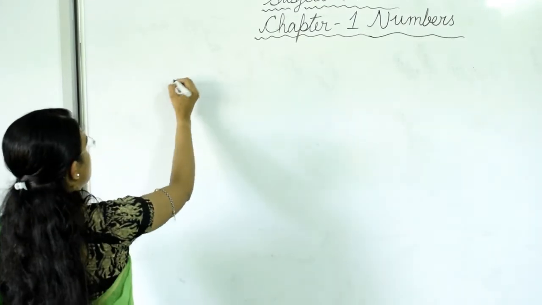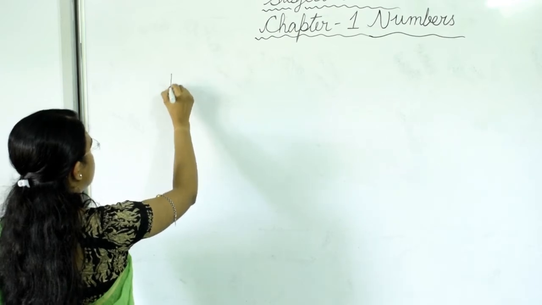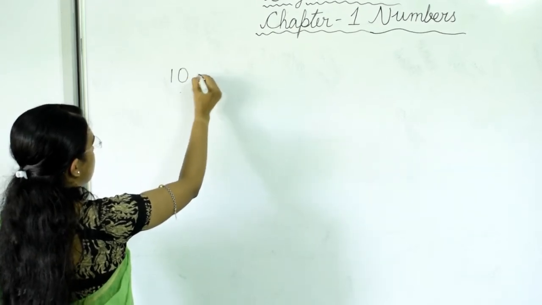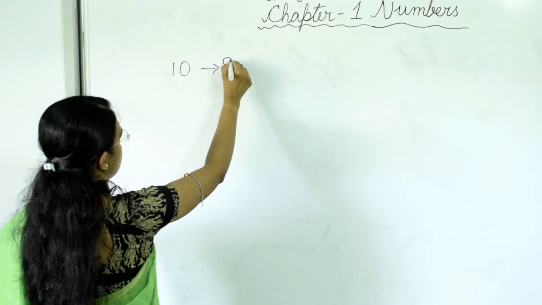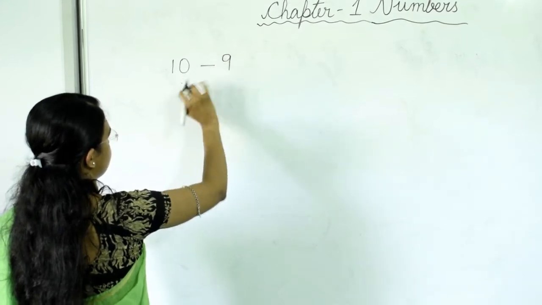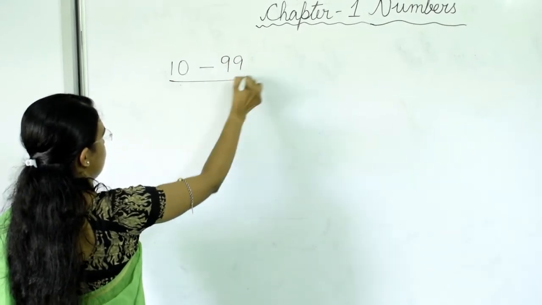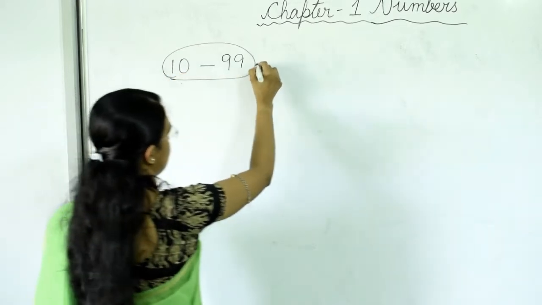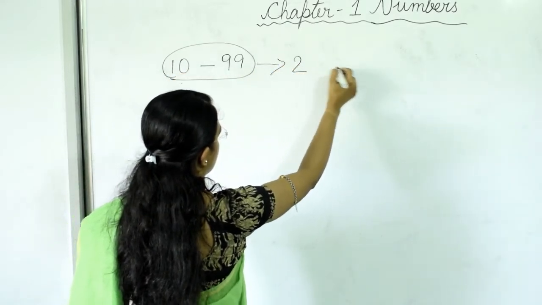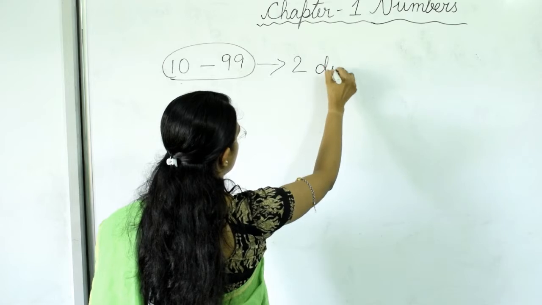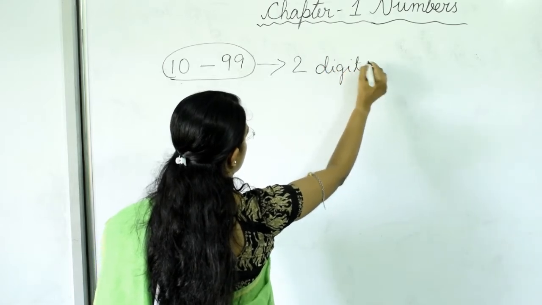Okay, so from 10 to 99, which digit numbers are these? 2-digit numbers.